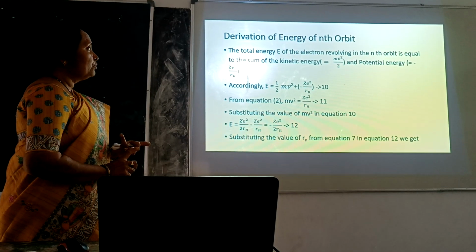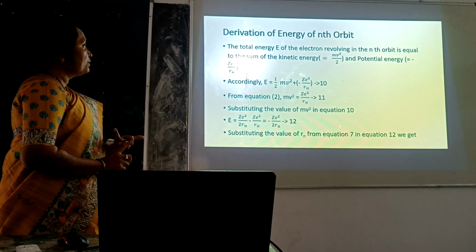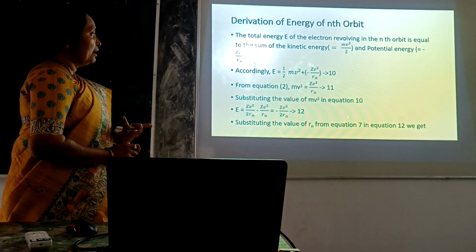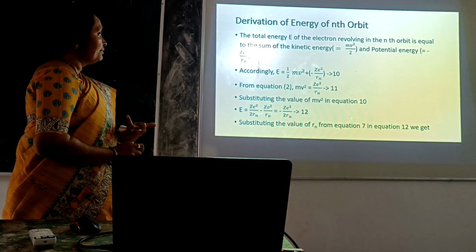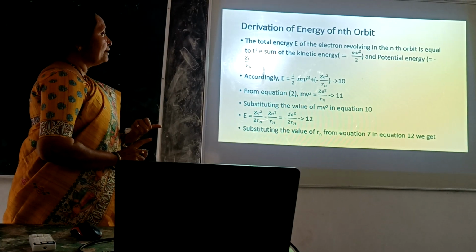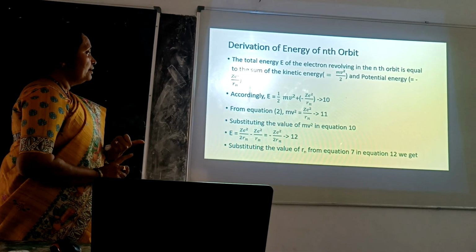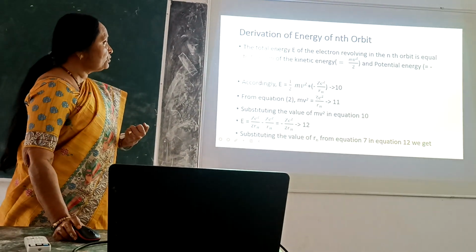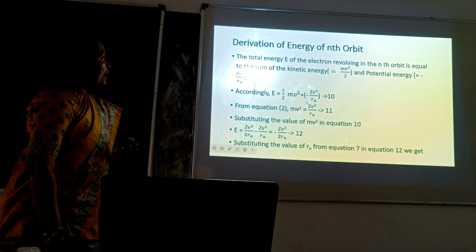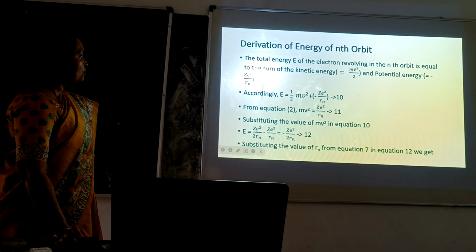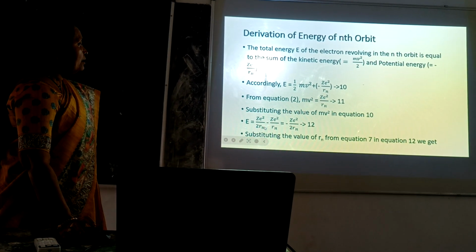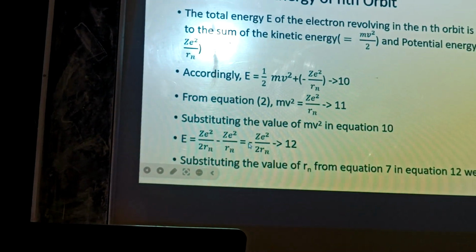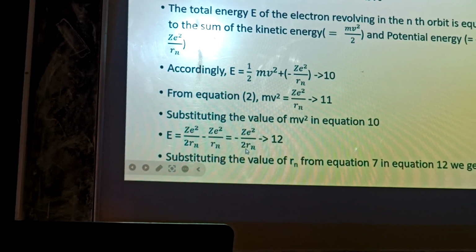This is equation 10. I know from equation 2 that mv squared is equal to Ze squared by rn, and I number this as 11. Substituting the value of mv squared in equation 10, I get E equal to Ze squared by 2 rn minus Ze squared by rn, which is equal to minus Ze squared by 2 rn.